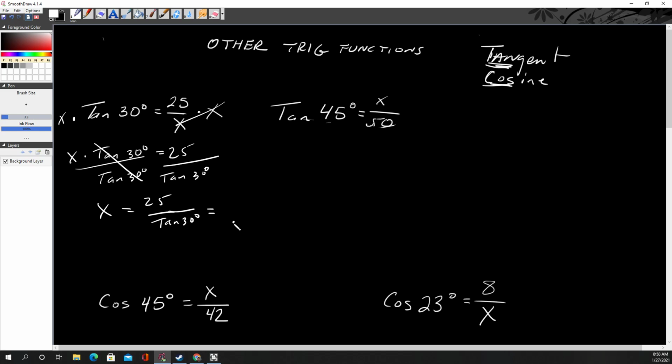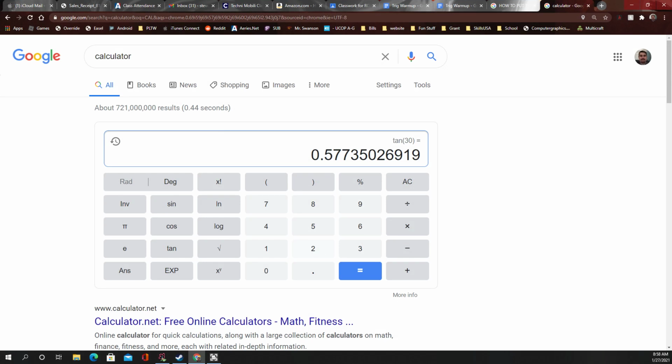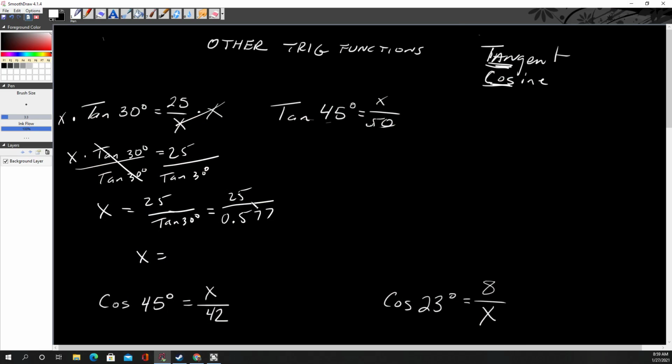So x is equal to 25 divided by 0.577, and so it's 43.33. I'll just put 43.3. Three digits is good enough.